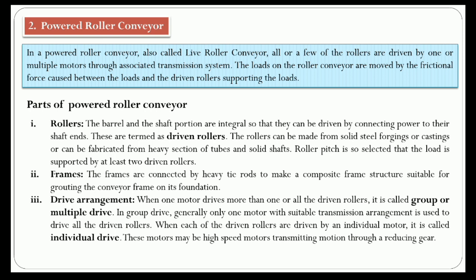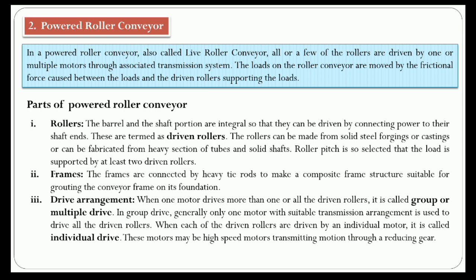Now, roller conveyors can be reversing type to suit the process, or non-reversing type, which transports material within the shop. In the case of parts of the roller conveyor, the very important first part is the rollers.